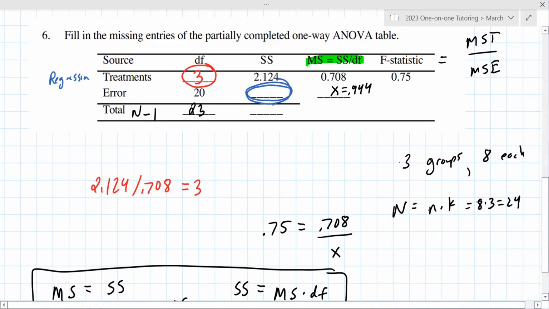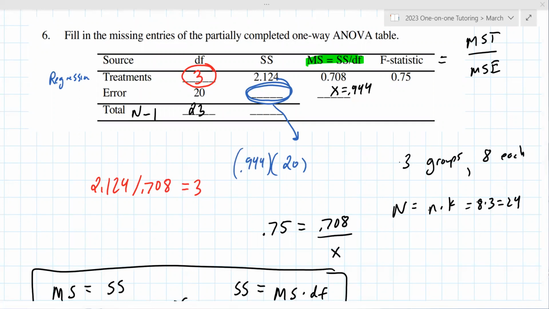For the blue here, it's 0.944 times 20. Wait, how do we get 0.944? From the F statistic calculation. And that's how you get the SSC. Yes, this is going to give you SSC, which is 18.88.